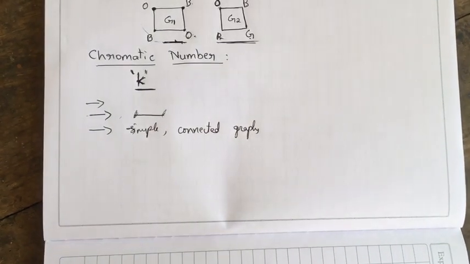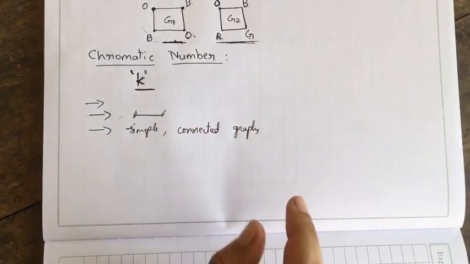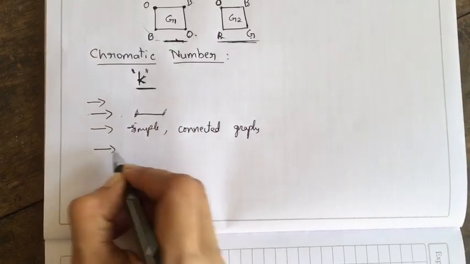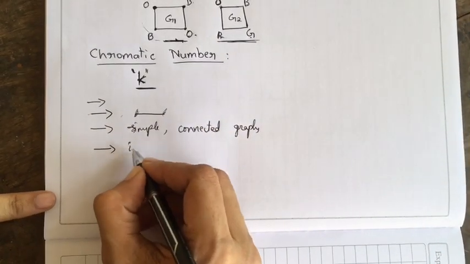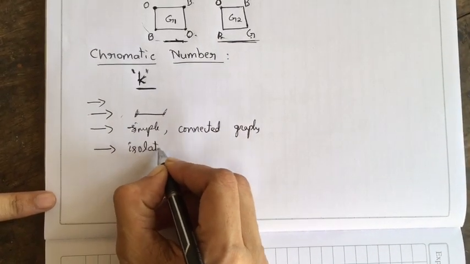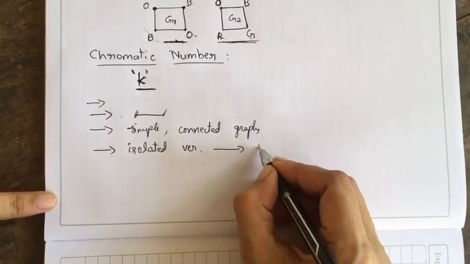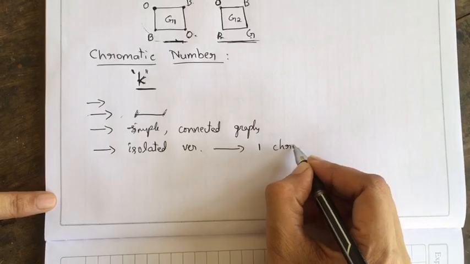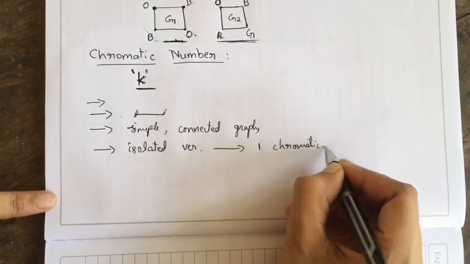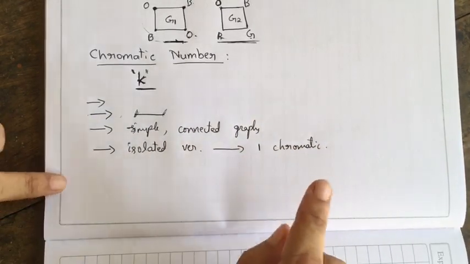A graph consisting of only isolated vertices is one chromatic, which means it can be colored with a single color.